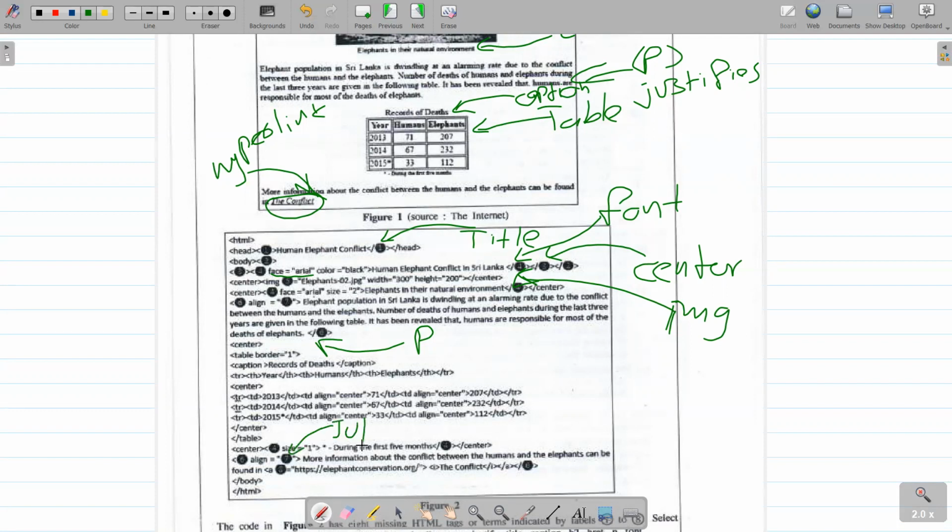This could be justified. Yeah, those are the ones.